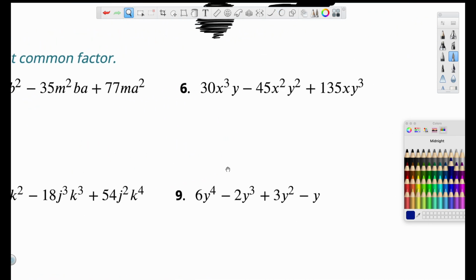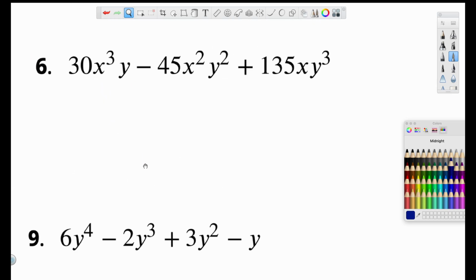Let's take a look at 6. Greatest common factor here. 30, 45, 135. So a 5 comes out of these terms. Anything that ends in 0 or 5 is factorable by 5. Anything more? Well, a 2 doesn't come out of 45 or 135. So 5, 3. Let's see, 15.